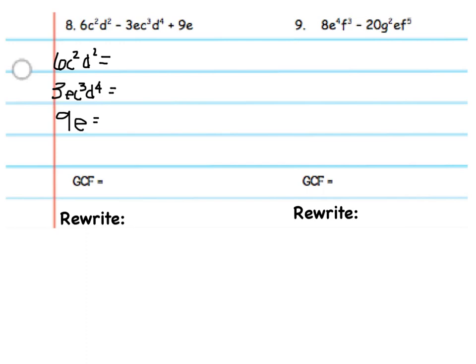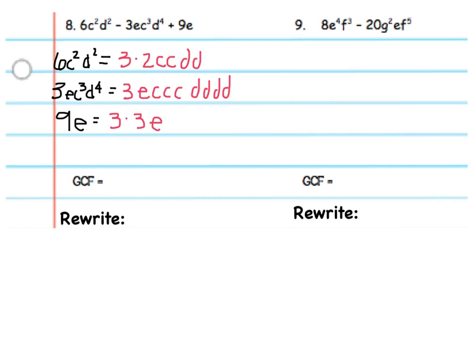The better you get at this, the more likely you can just look at it and kind of tell. 3 times 2, c squared, 2 c's, d squared, 2 d's. 3 is just 3 times 1, or just 3, e. C cubed is 3 c's, d to the 4th is 4 d's. And 9, I can break that down to 3 times 3 and then an e.